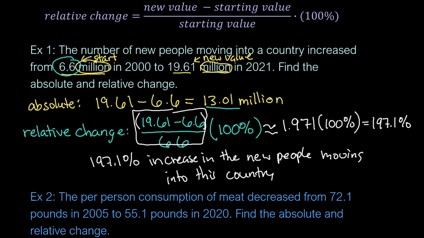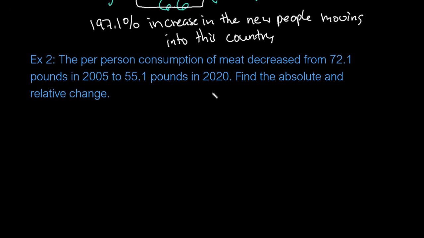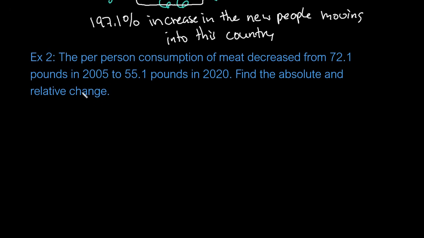Okay, so let's look at a percent decrease, or one where we do end up with a negative value. The per person consumption of meat decreased from 72.1 pounds in 2005 to 55.1 pounds in 2020. Okay, so for this one, we're going to still set it up the same way to find the absolute change.